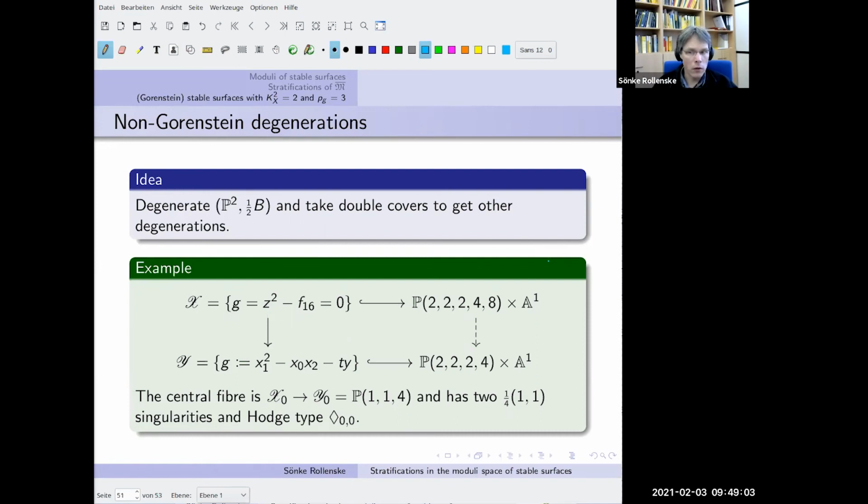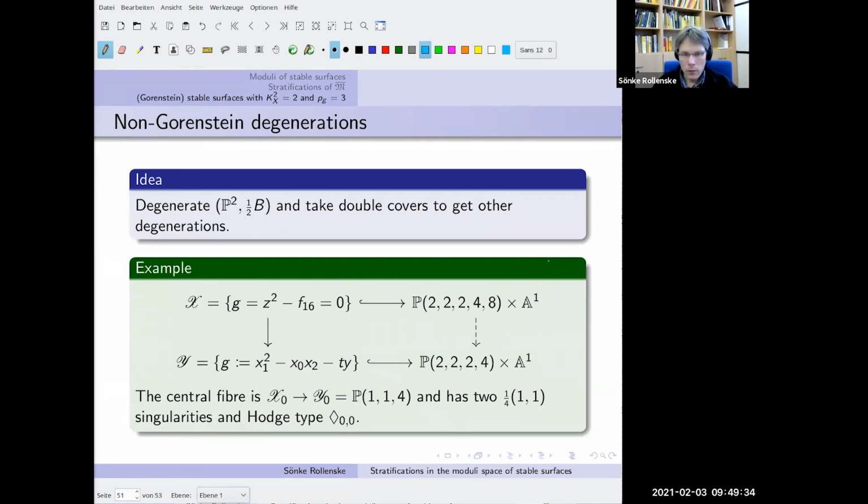I think Marco and Julie will talk about this I-surface case a bit more in detail, but the one idea is very simple. So let me just show you one example. I can degenerate this P2 and 1/2 deoctic, and then take double covers to get degenerations of X. You can also make this precise in some functorial way.